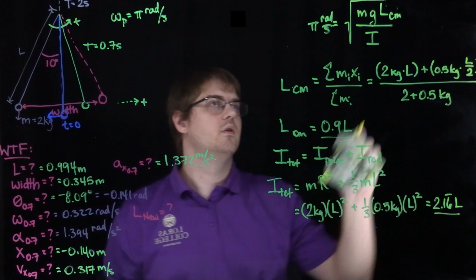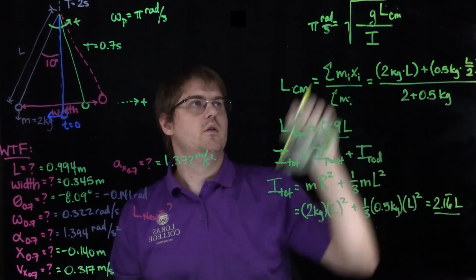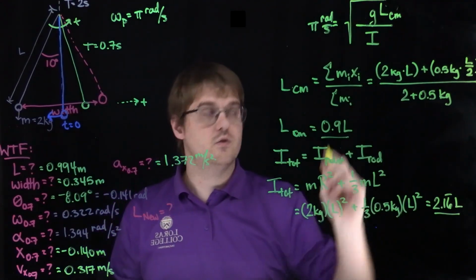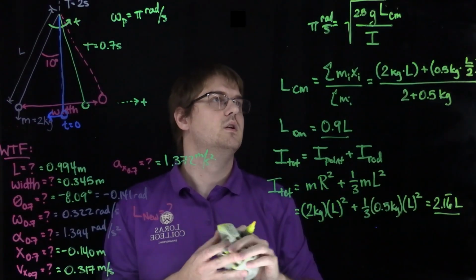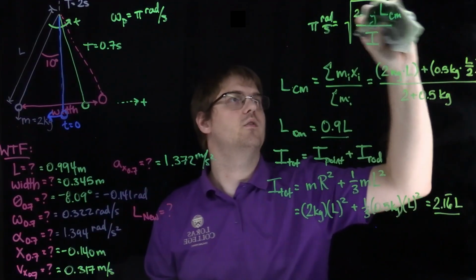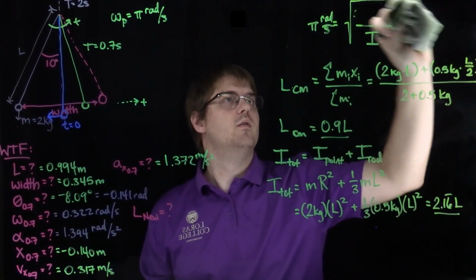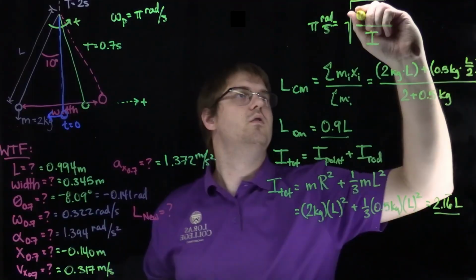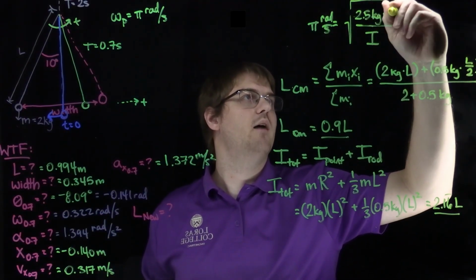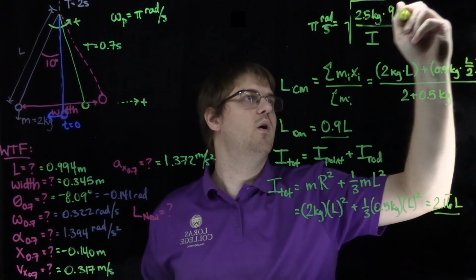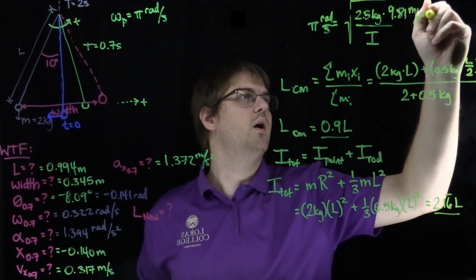My mass is my total mass, so that is going to be equal to 2.5 kilograms. I'm going to have to erase the whole line at once. My mass is going to be 2.5 kilograms. My gravity is 9.81 meters per second squared.